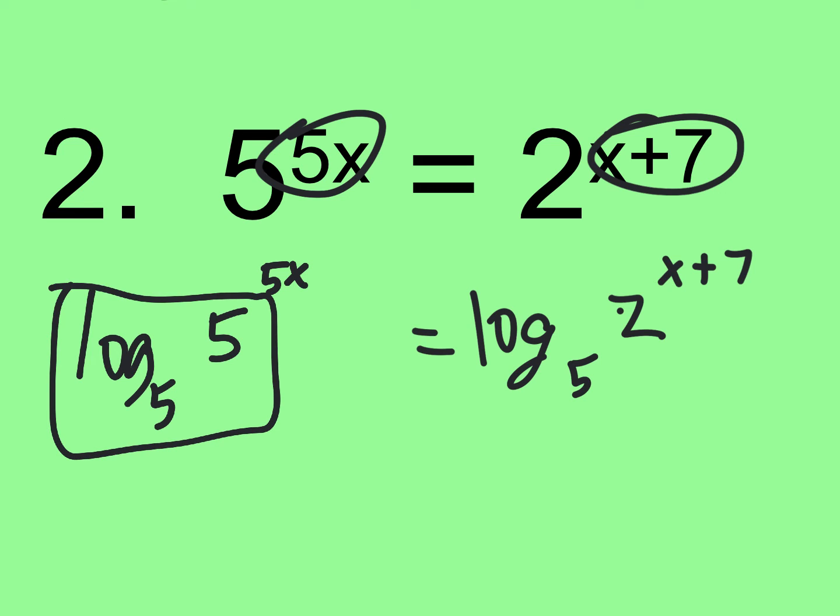Why did we match those up? Because then that whole side is just really simple. That whole side turns into 5x. Could you say it's because it drops down in front? You could. Or you could say it's because we have a property that says that if these two are the same, then the answer is that. So either way, it's 5x equals.